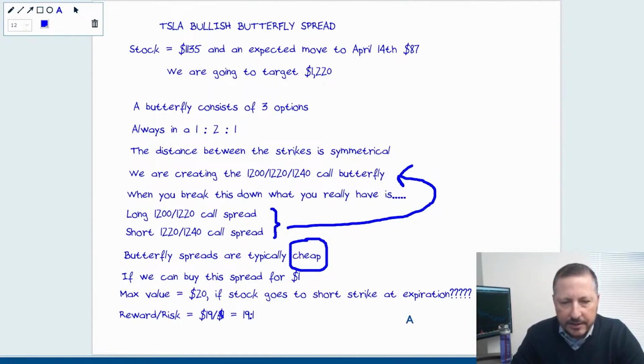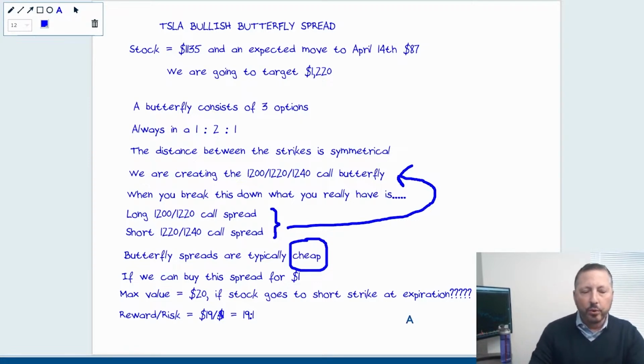It tells us that the probabilities of that happening are pretty low, which is why I said at the beginning of this conversation, this is kind of like hitting the bullseye or pinning the tail on the donkey. That's the way that butterfly spreads work, and that's a reason why traders love butterflies, because they're typically very cheap. They provide huge reward to risk, but they don't always come into play at that maximum gain.